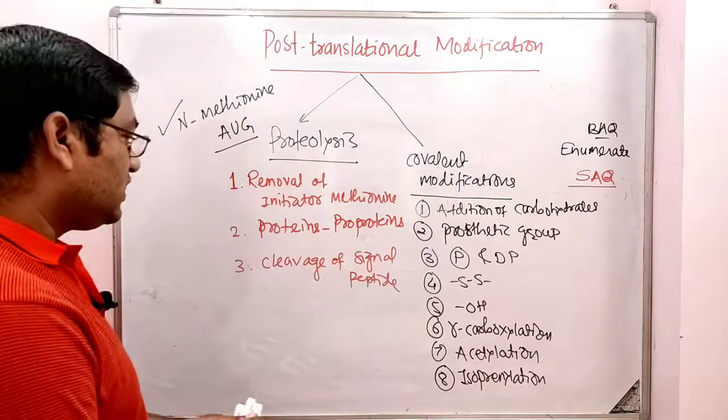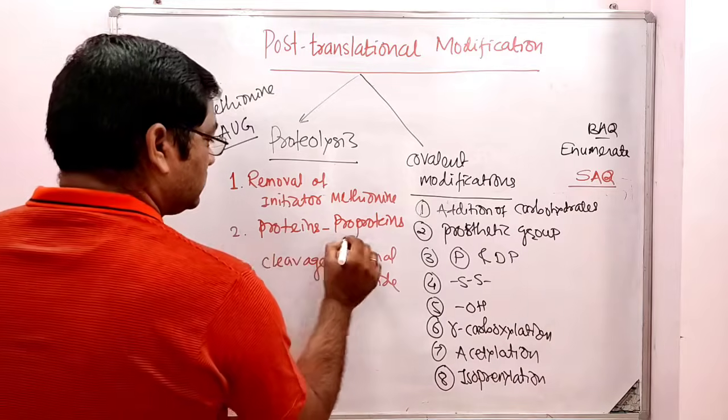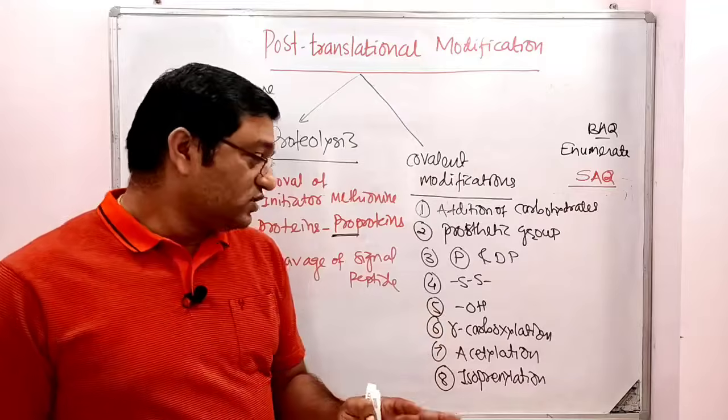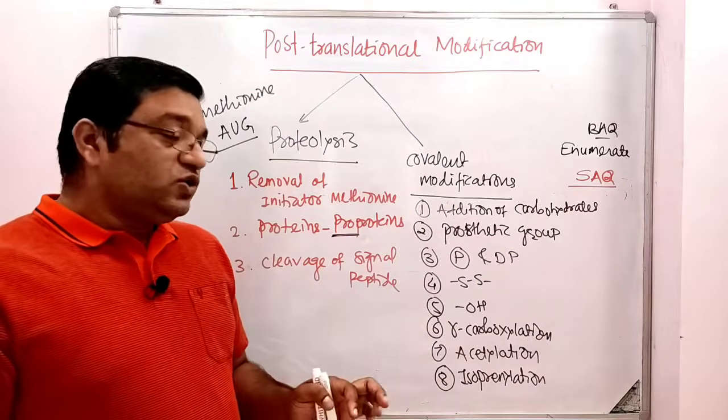Okay. The second one is the conversion of proproteins. See, these proproteins means inactive zymogens or inactive proteins. They are converted into active ones.